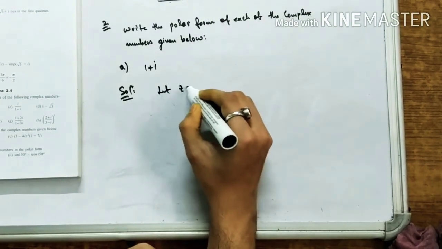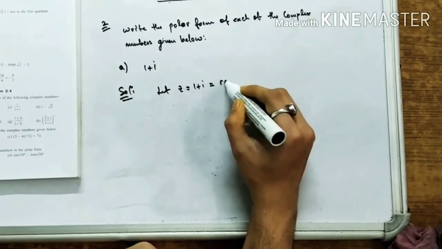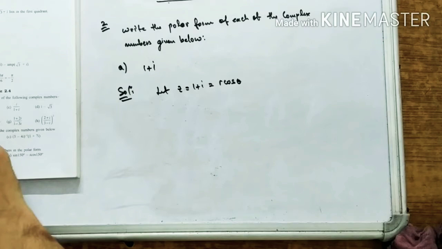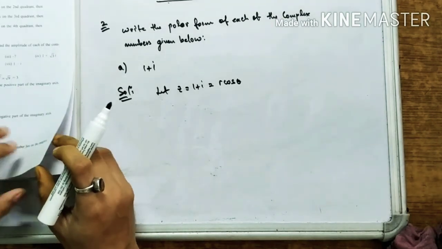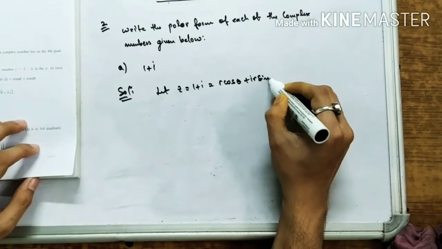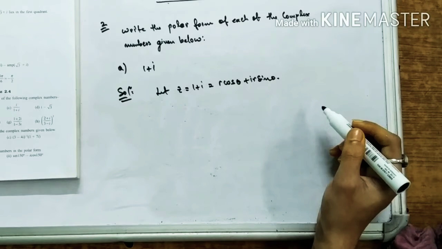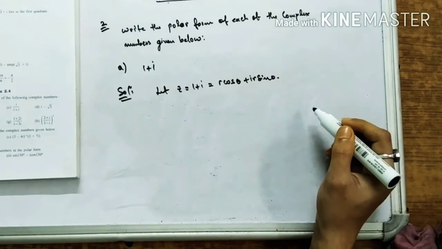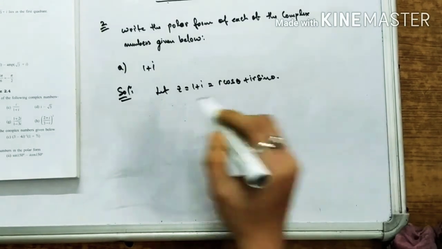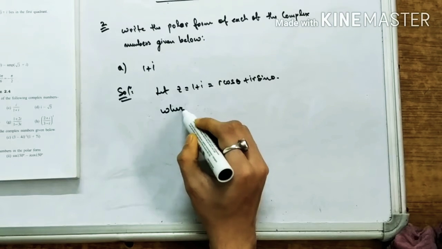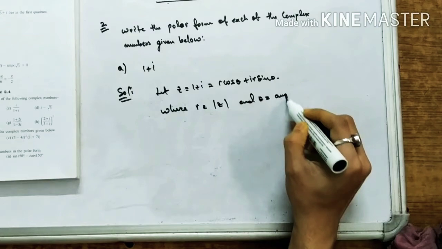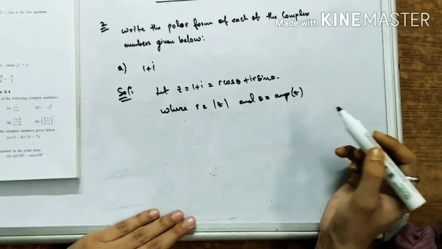So here let z is equal to 1 plus i, which is equal to r cos theta plus i r sin theta, where r is modulus z and theta is the amplitude of z.